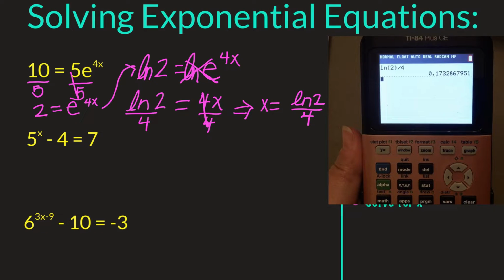So it equals 0.173. Now we're going to write that answer down. Let's go ahead and round it to the nearest thousandth. When you do your assignment, it will have how they want you to round it. So we're going to say that x is equal to 0.173.